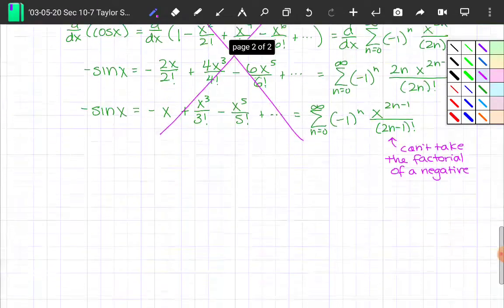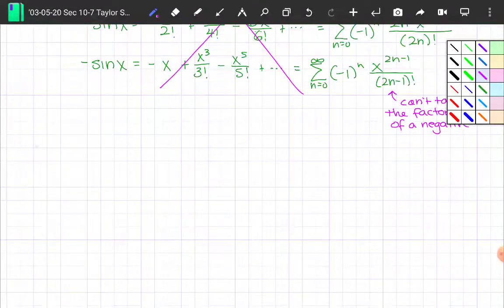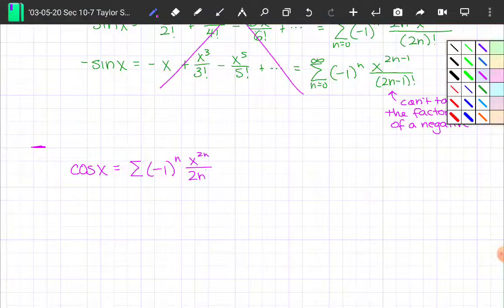So I'll go back to pink. All right, so starting back here with cosine x. And I'm just going to go ahead and go to the sigma part. We're going to save a little time here. So I have this, x to the 2n over 2n factorial as n goes from 0 to infinity.